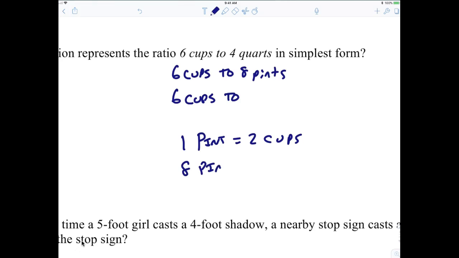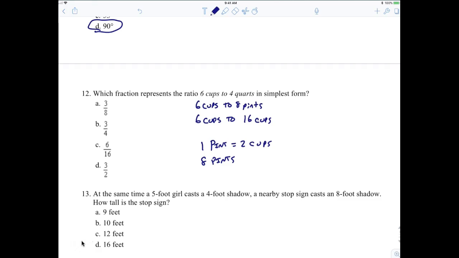If I have 8 pints, then how many cups will I have? You have 16 cups. All right, 6 cups is to 16 cups. Is everybody happy with that so far? And then we just look at the fraction. 6 over 16 reduces to what?